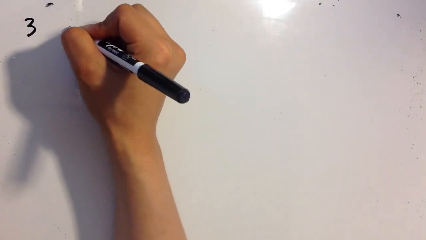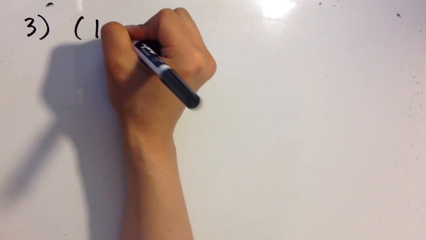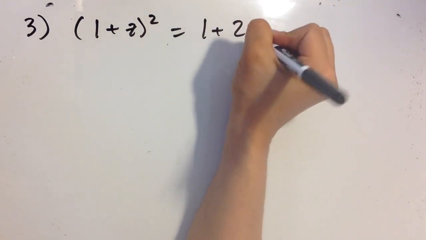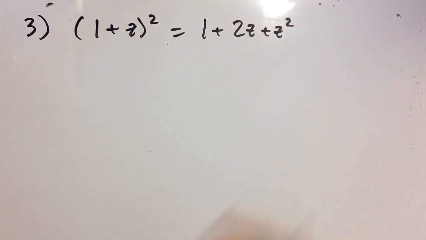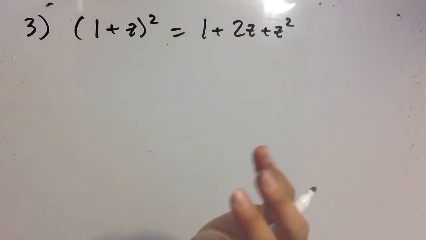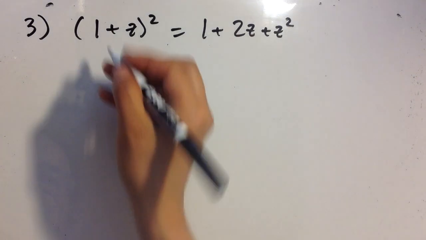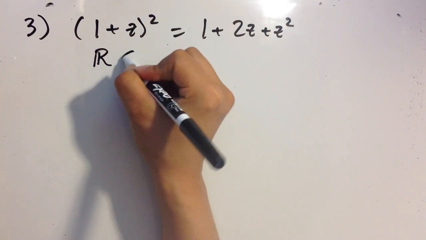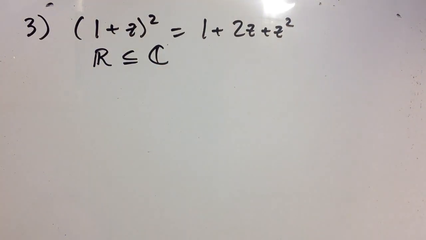Number 3 asks us to show 1 plus c squared is equal to 1 plus 2z plus c squared. It seems quite trivial. We know that complex numbers are commutative, associative, and they follow the distributive law. So all the basic rules of arithmetic apply. And not only that, real numbers are a subset of complex numbers.